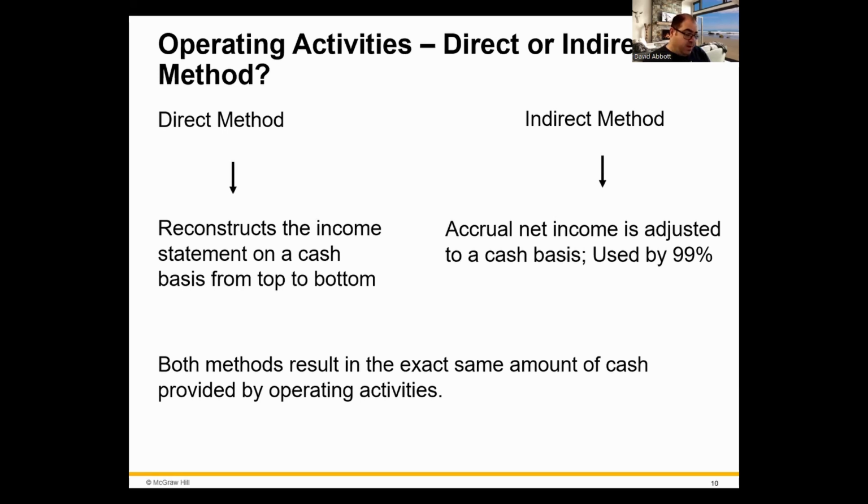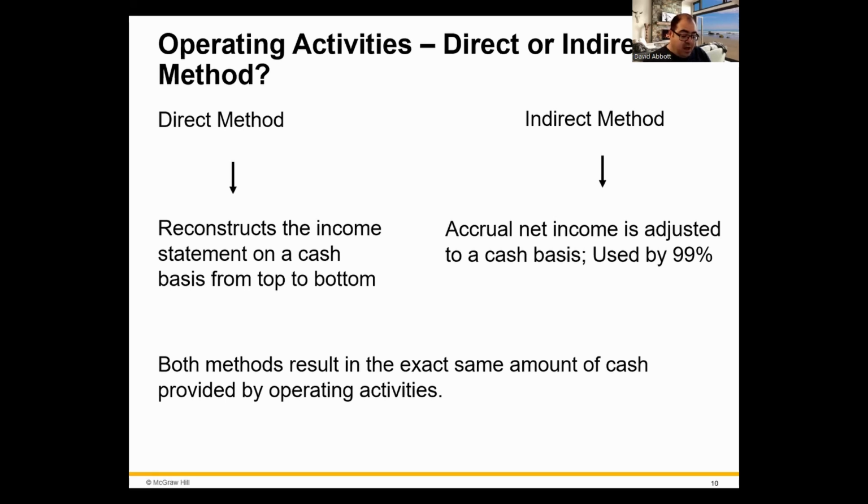Now, the net amount of cash inflows and outflows resulting from operating activities, which is known formally as the net cash flow provided by operating activities, can be derived from either the direct or the indirect method. Under the direct method, the income statement is reconstructed on a cash basis from top to bottom.